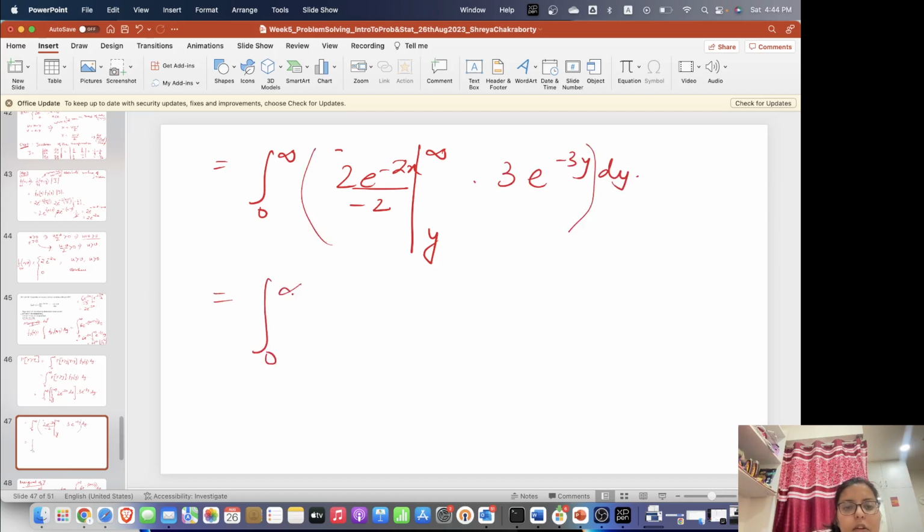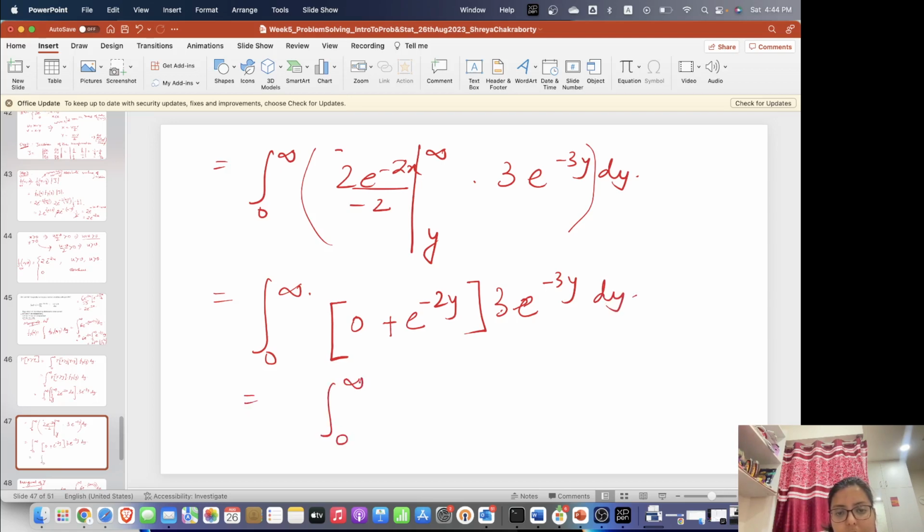At infinity we have 0, minus of e to the power minus 2y, so plus e to the power minus 2y into 3 e to the power minus 3y dy.